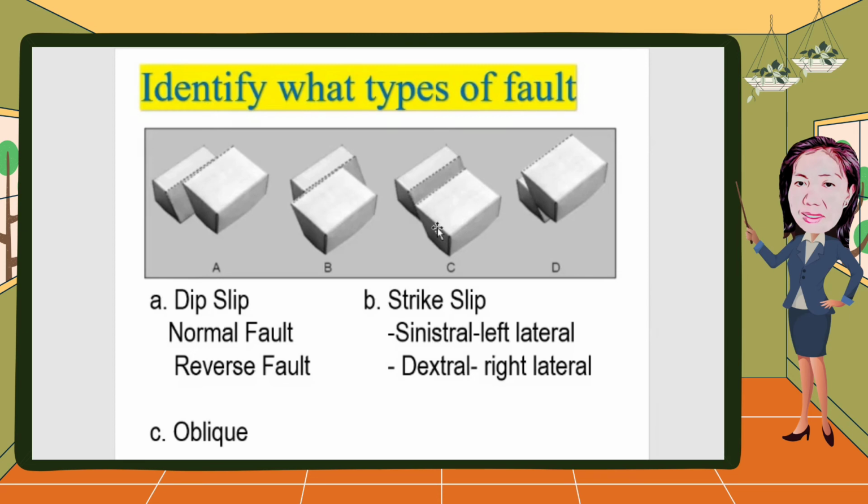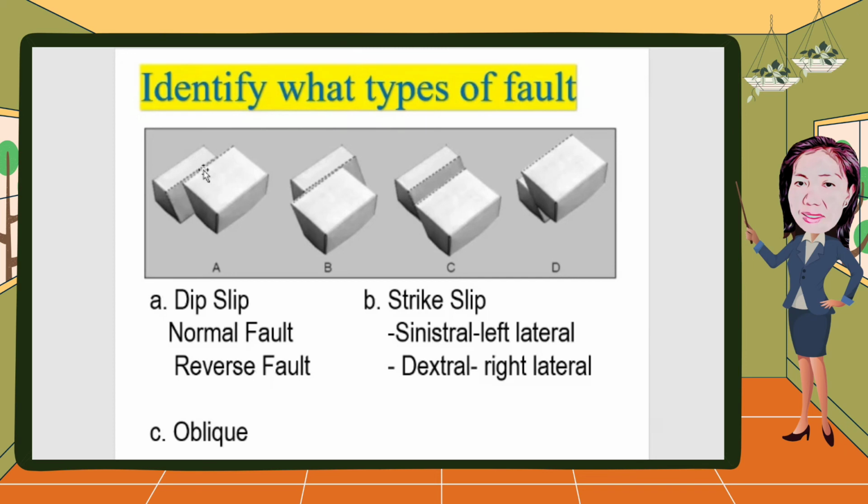I want you to identify what type of fault is this. Okay, so letter A. You observe that in this picture, the plates don't move up and down. So therefore, what type of fault is this? Is it dip slip, strike slip, or oblique?